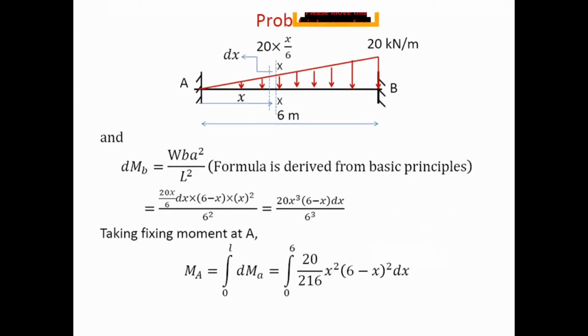And dMB will be W A square B by L square. So the partial moment for fixed support B is dMB, and its formula is W A square B by L square.